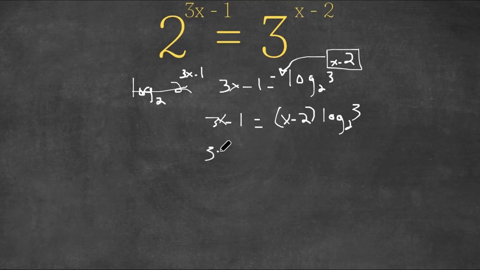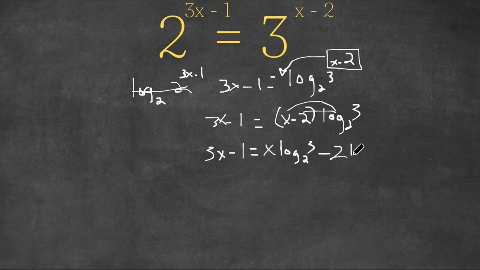So this is 3x minus 1 equals, well, x times log subscript 2 of 3 is simply x log subscript 2 of 3 minus 2 times log 2 of 3 is simply this. Alright, so now as you can see, we have our equation here.